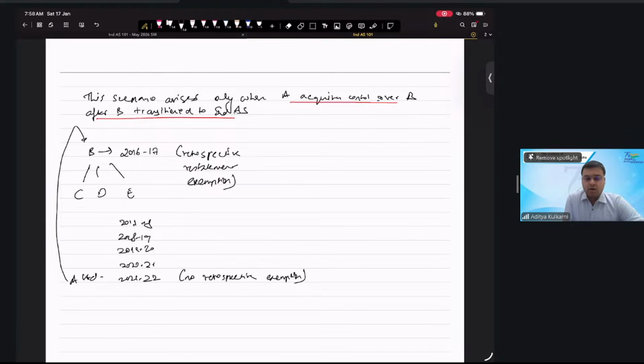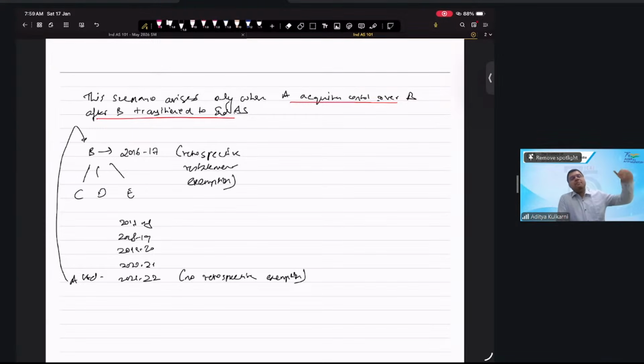Okay. Now tell me, if A has not availed the exemption, I mean it has forfeited that benefit, it will do a retrospective restatement for B Limited. But should B restate C, D, and E? Not necessary. Not required.